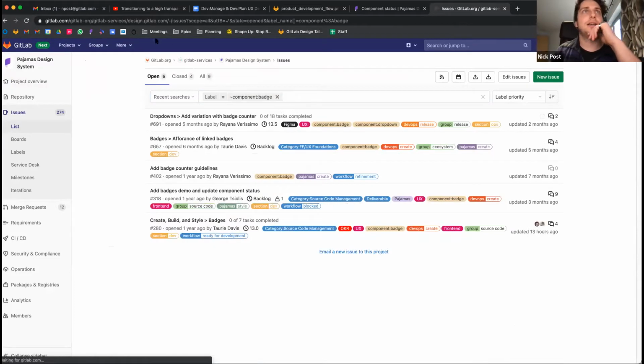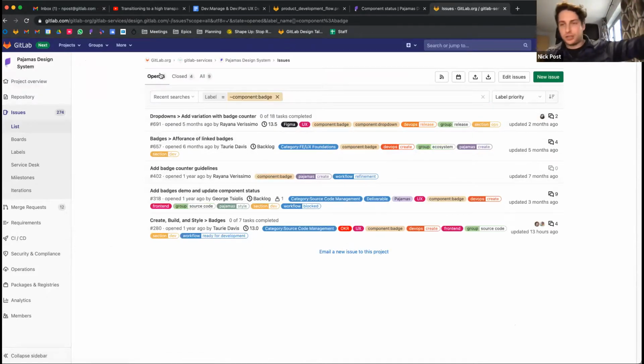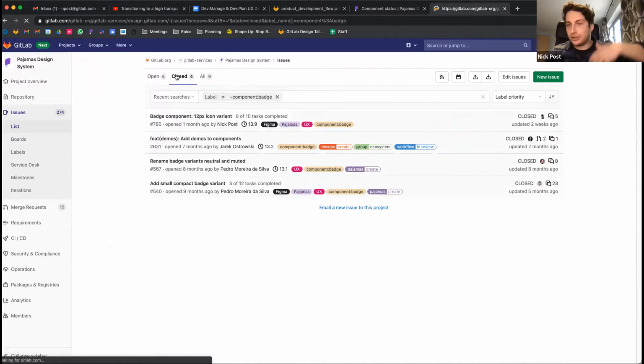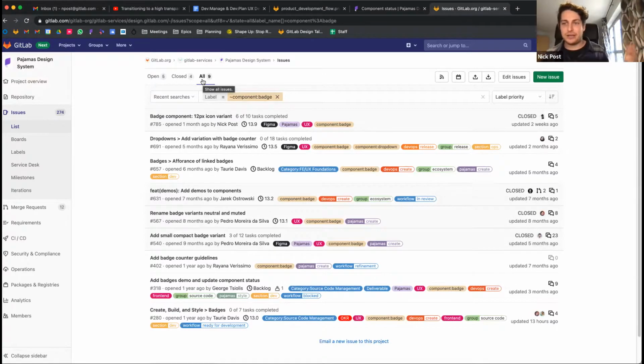Search for that, and then I can see all the issues that are open that are looking to contribute towards that, and all the issues that are closed that have contributed towards that component right there. So in the grand scheme of things, this badge component has 9 of these issues in total, and if we manage the way this appears or transitions to this list here, I think it could be potentially manageable. But yeah, I understand there's a potential for information overload that we don't want to introduce into our already verbose design system.